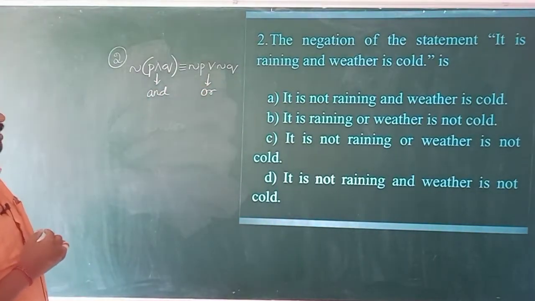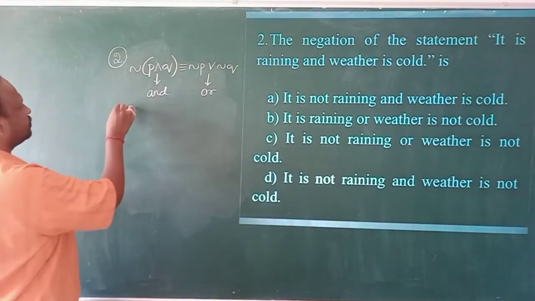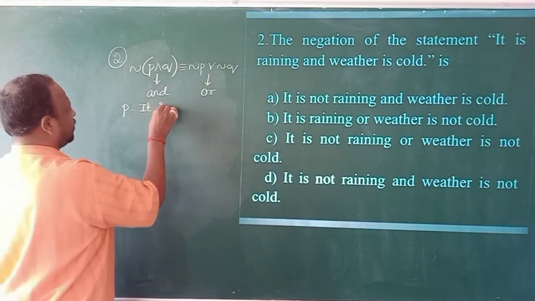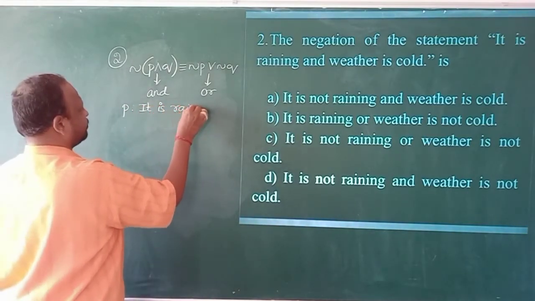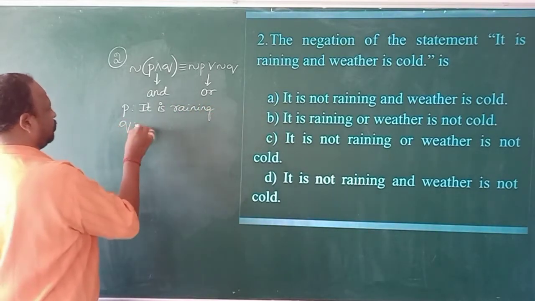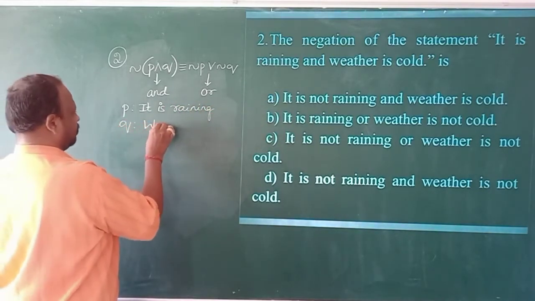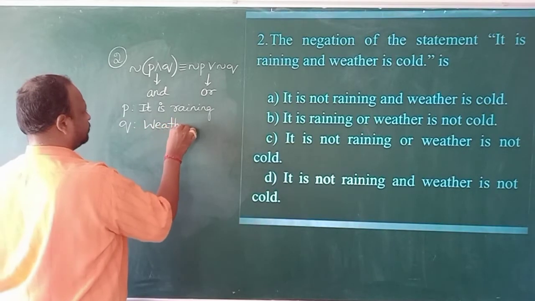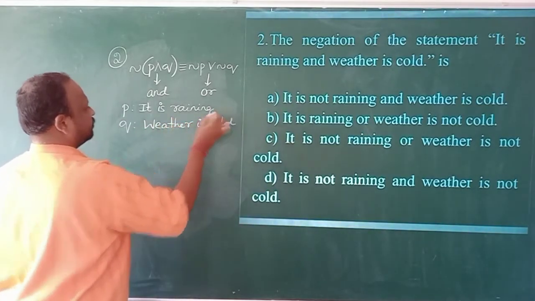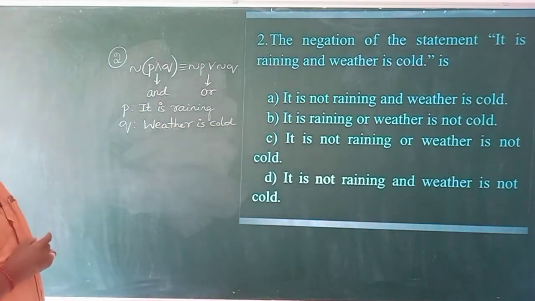Here the statement, it is raining, is P. Weather is cold is Q. It is raining and weather is cold.